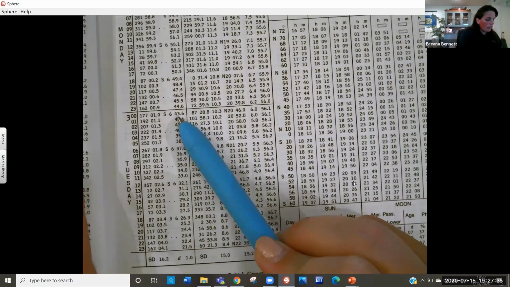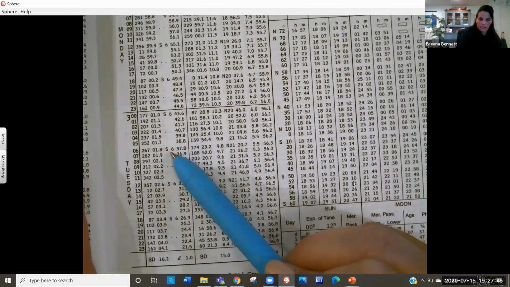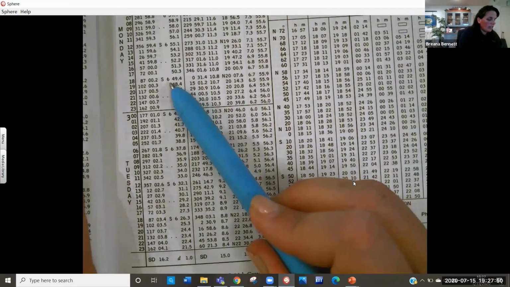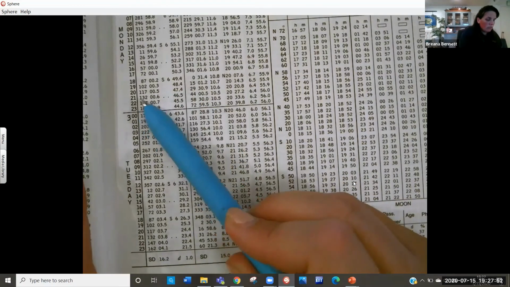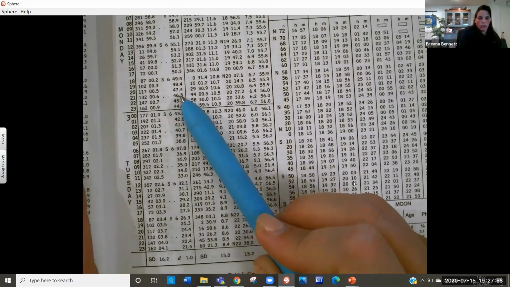And then 43.6 tells us the minutes. That 6 is there, but then it doesn't repeat itself. It repeats itself on the next 5 or 6 hours. So even though it's not there, I know that if I was at 2100 here, it would be south 6 degrees, 46.5.